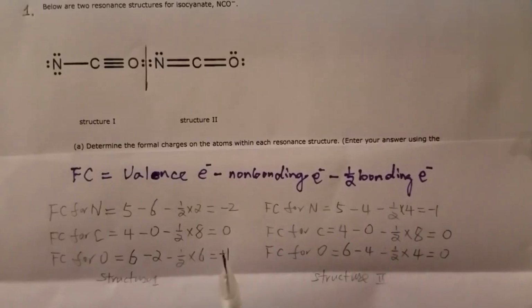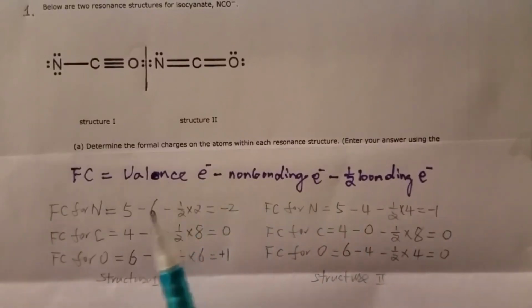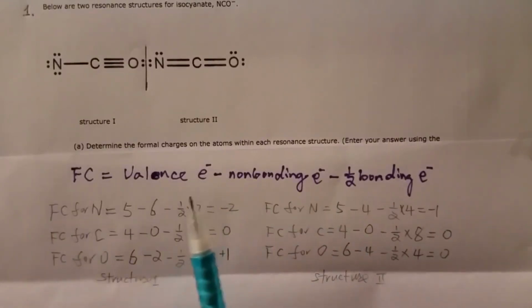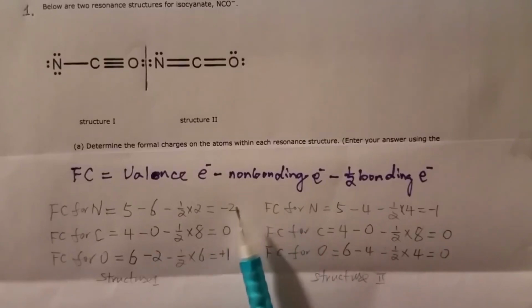Okay, the resonance structure that is most favorable is the one in which the formal charges on each atom is minimized. Okay, let's take a look.